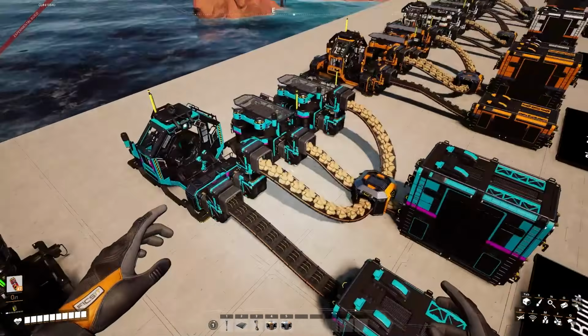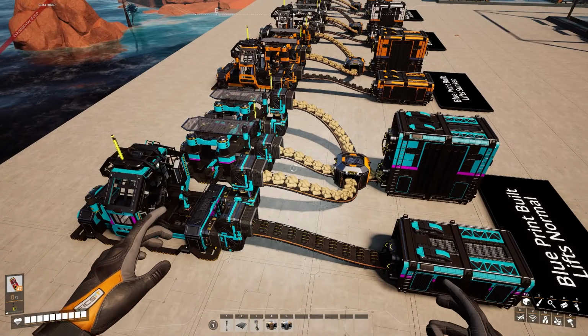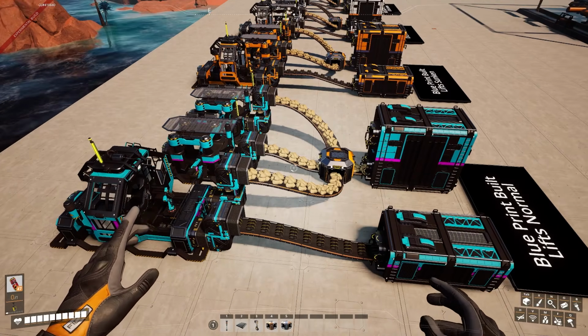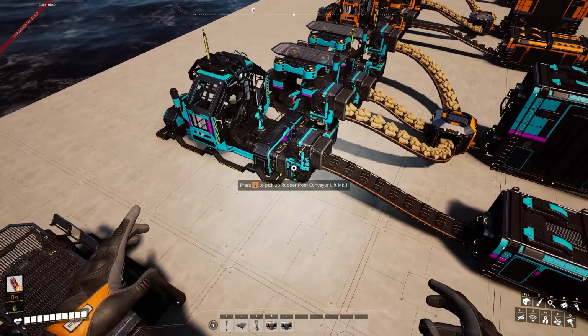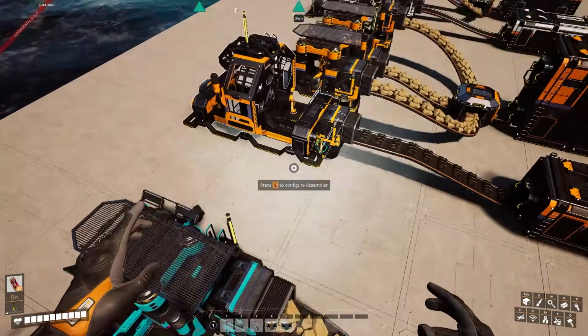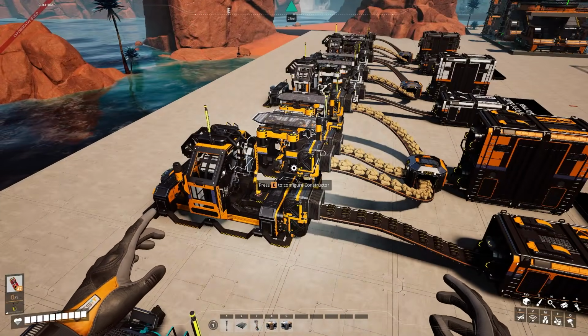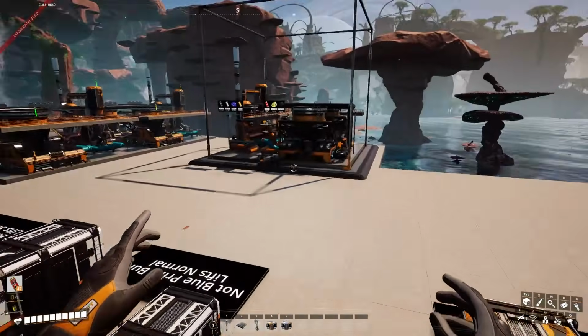It'll still work. But if you're going from a merger or a splitter, programmable splitter, smart splitter, whatever you want, into the machine, whether it's normal, which this one's normal, or sunken like this one, they will not work. Outside of the machine, outside of the blueprints, they work perfectly fine.